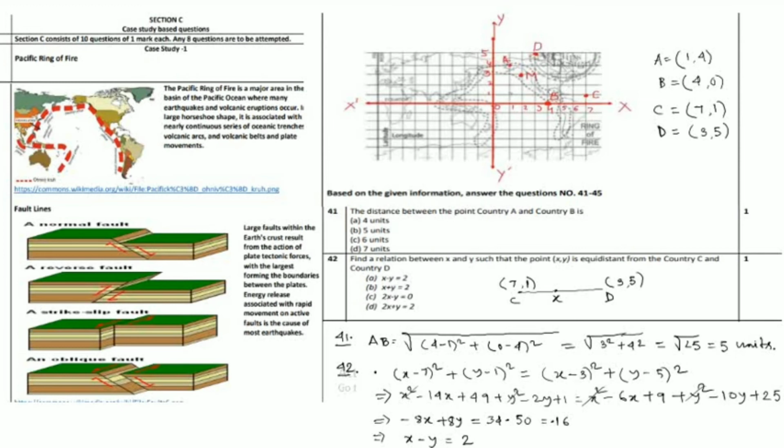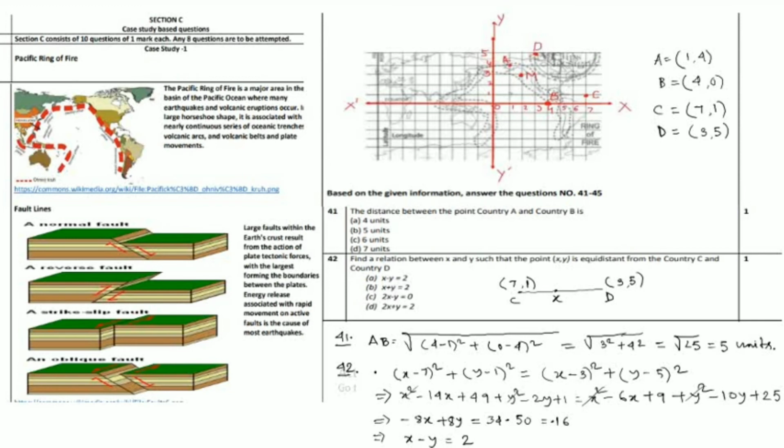You can see this is a map, and here two axes are plotted, the x-axis and y-axis. Here the coordinates of A, B, C, D are not given. At first I have found out the coordinates of the points A, B, C, D. So coordinate of A is 1, 4.